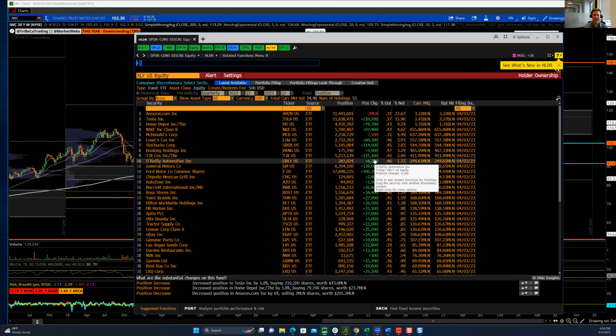You can make the comment every single day: oh, geez, there are only 2 names in this index responsible for all of the gains or losses. You could make that statement every day, because that's exactly how this particular ETF is going to function. You've got 2 companies that make up 37% of the index. So yes, it's a pretty good bet that those 2 names are going to make up a good portion of what the XLY ETF does. It's just math. It's just how it's situated.